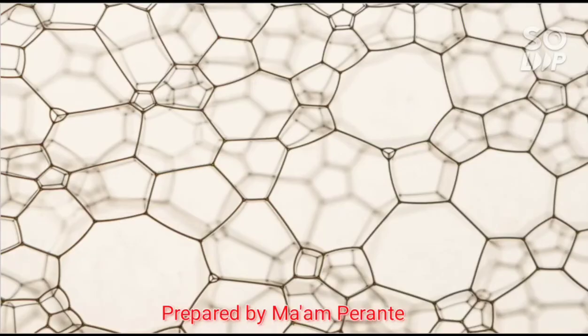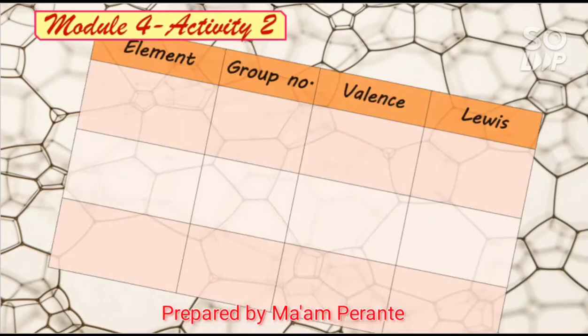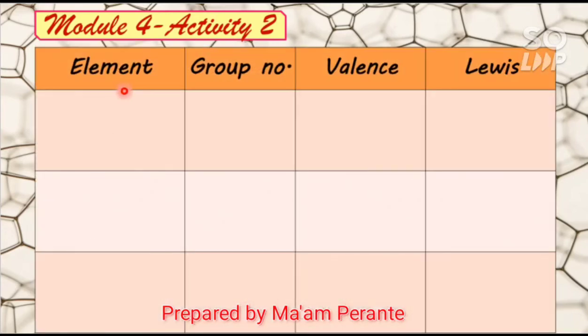So how are you going to answer your module number 4 now? Listen carefully because, as of this moment, I will give you some examples on how to answer the activities in your module number 4. Let's start with activity number 2. In activity number 2, you can find a table with element, group number, valence, and Lewis symbol.